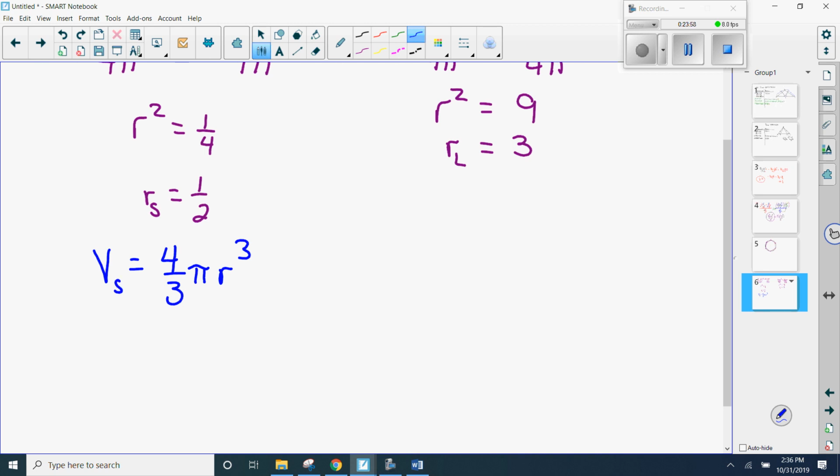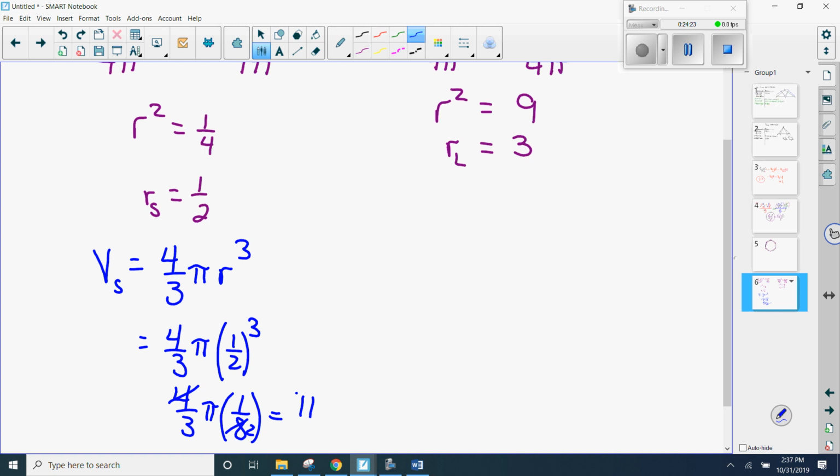So the volume of the small sphere, go ahead, Isaiah. 4/3 pi times 1/2 cubed, which is 1. That's not the way you did it, but yeah, okay. Then you get 0.6.